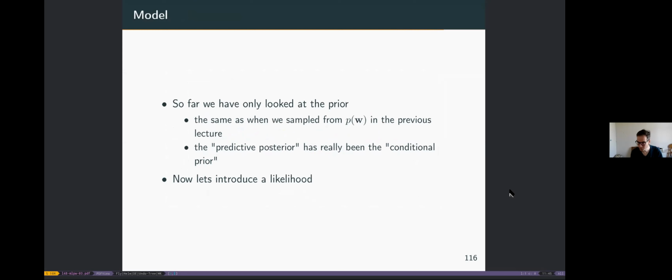But we didn't actually look at data. So really what we've only done so far is look at the prior, and we've looked at what I would potentially call the conditional prior, not the predictive posterior. What we haven't done is introduce the likelihood function. We've just conditioned on the prior, and you can do that because it's non-parametric.